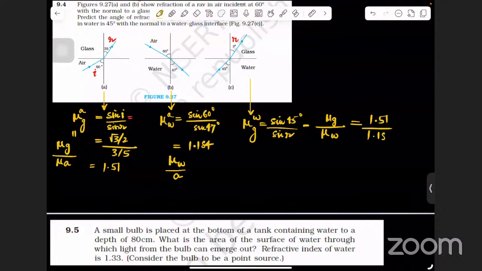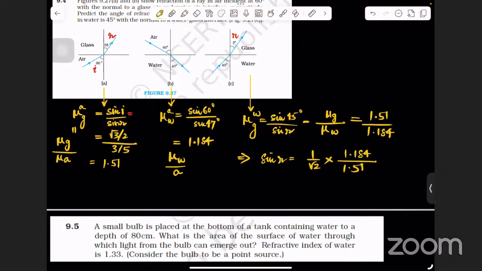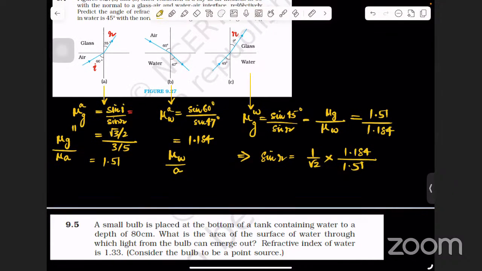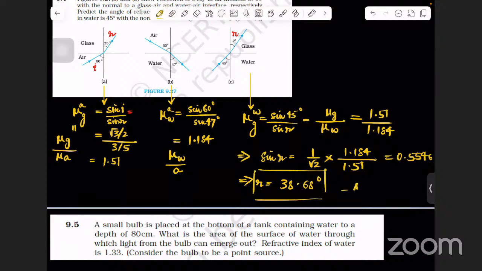So from that you can find sine R is sine 45, which is 1 upon root 2, multiplied by 1.184 upon 1.51, and so this value comes out to be 0.5546. So from the calculator, the R value comes out to be 38.8 degrees. All right. So that's the answer.